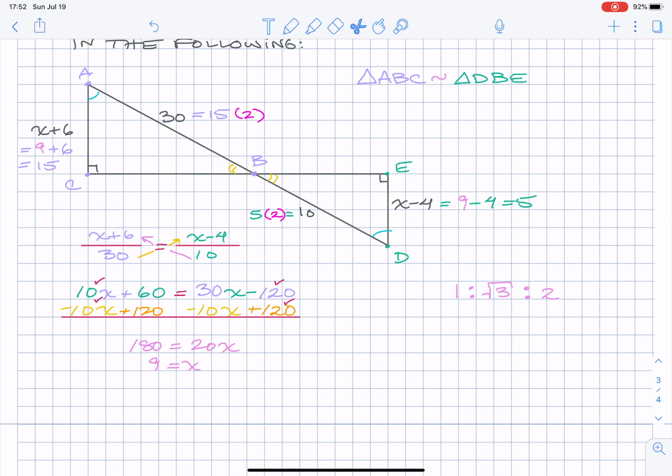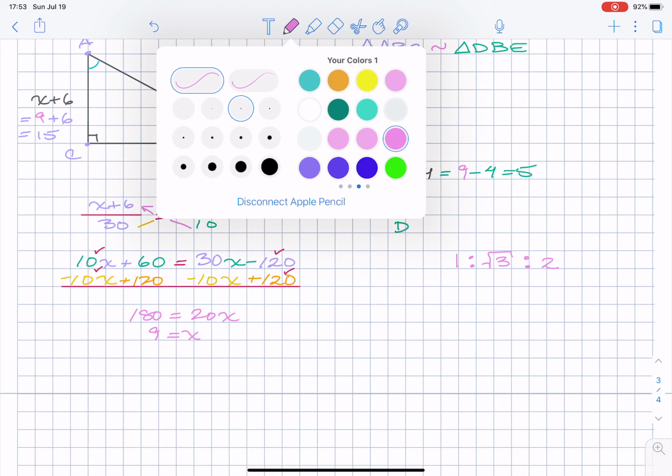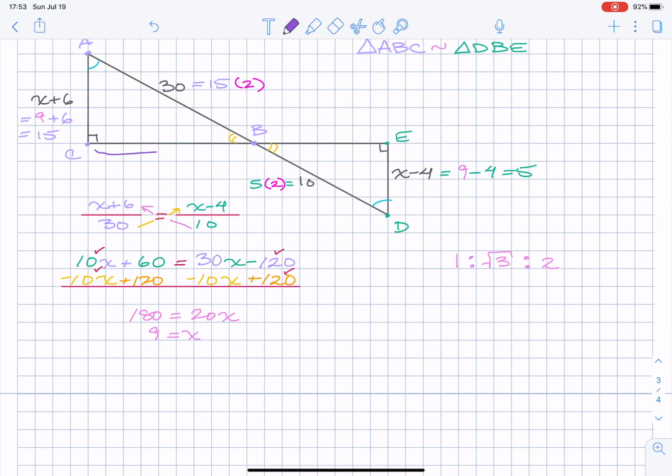For the left-hand side, I need to find this side here. I claim it's going to be root 3 times the small side, and the small side was 15, so I can multiply through by 15. So this side is 15 times the square root of 3.